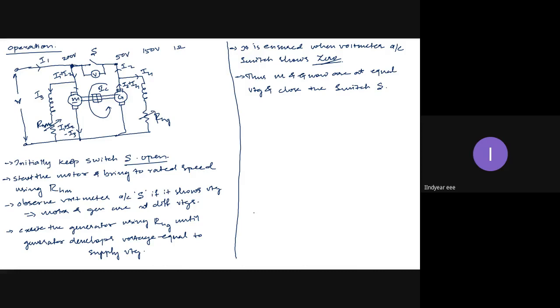Now what will happen? Suppose the rated current of the motor is 10 amps, and for the generator is also 10 amps, say, because they are identical. So IL, or IA load, is say 10 amps for both motor and generator. And the circulating current is say 3 amps.